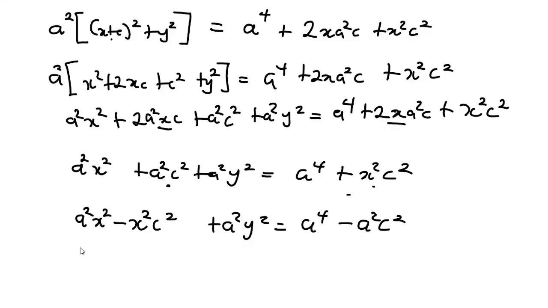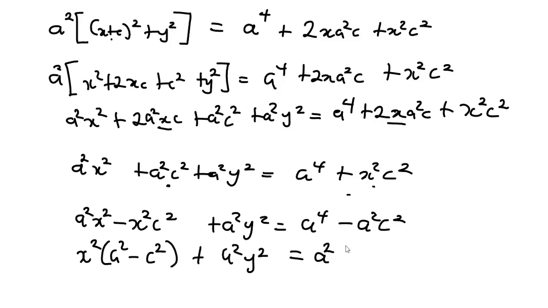Now the common one here is what? x squared out. We have (a squared minus c squared) plus a squared y squared being equal to, the common one is a squared, (a squared minus c squared).